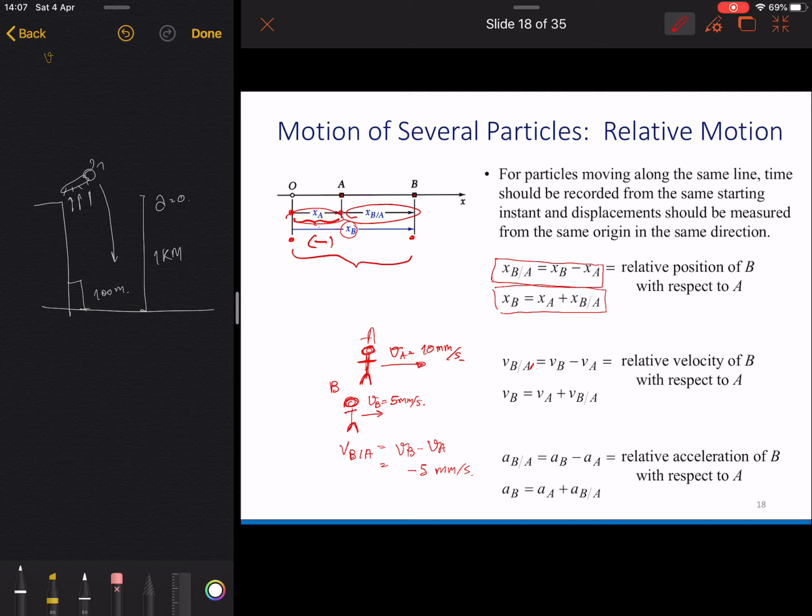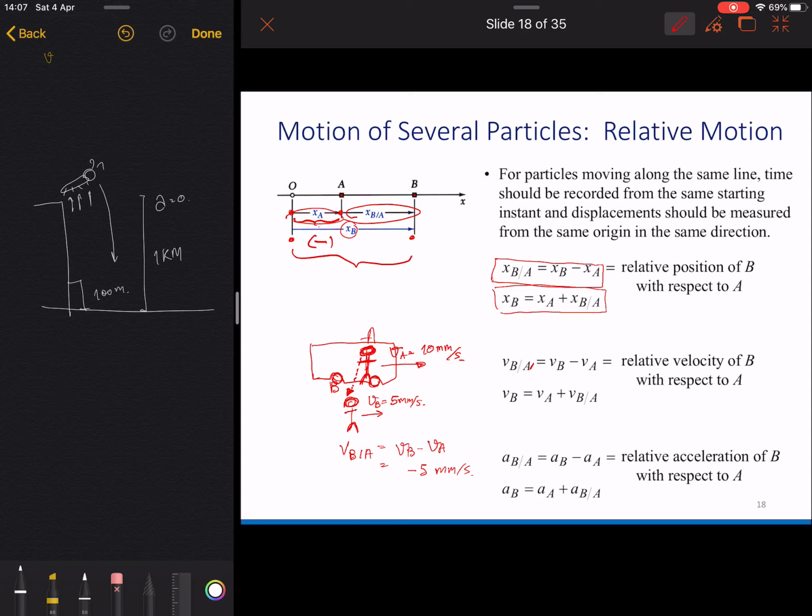Okay? And what does it mean? VB with respect to A means A is running and he takes a look at B, and it's like when you run faster than B, you see that B seems to have negative velocity. For a clearer example, VA is sitting on the bus.